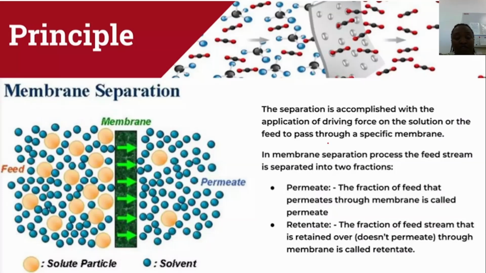The separation is accomplished through the application of a driving force on the solution or feed, so that it's able to pass through a specific membrane. In the separation process, the feed stream is separated into two fractions. We have the permeate, the fraction of feed that permeates through the membrane. Then we have the retentate, which is the fraction of the feed that is retained or does not pass through the membrane.